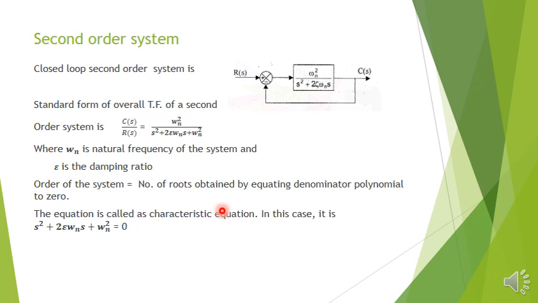Now, based on this equation, we will get roots. But the roots depend on the zeta value. Based on this zeta value, this 2 zeta omega n s term may form a perfect square, or a square with different roots, or it may give complex roots.